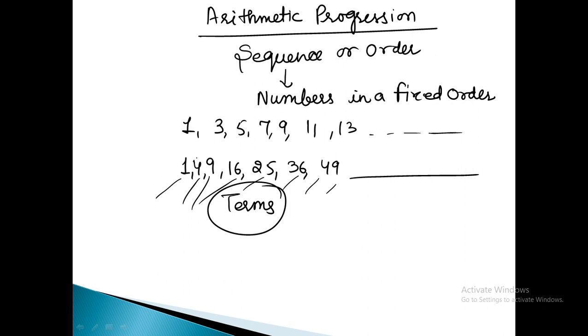We can denote these terms as a0, a1, a2, a3, a4, a5, a6. It depends on you what name you want to give. You can say these terms start from the first term, second term, third term, fourth term.